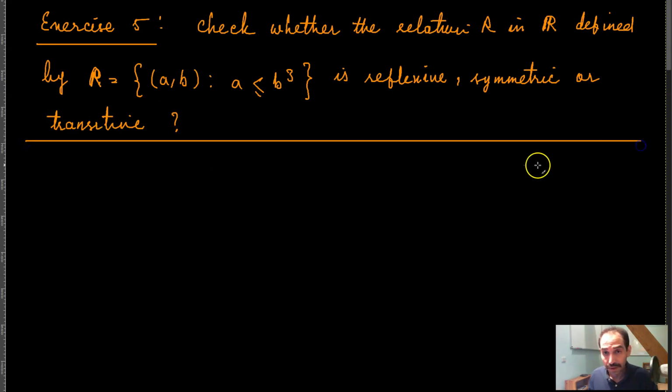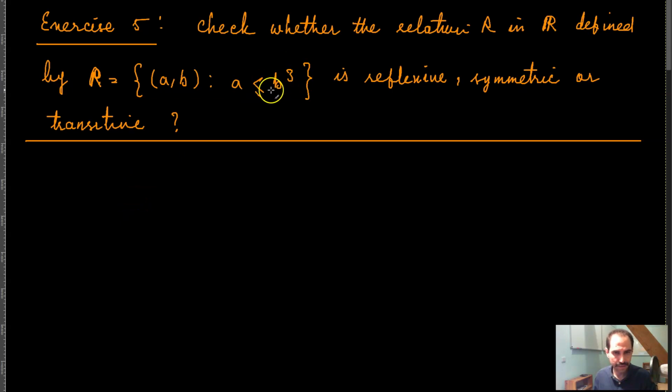In order to check that, first of all you want to know whether R is reflexive. Based on the set R, R is all the ordered pairs (a, b) such that a is less than or equal to b cubed.